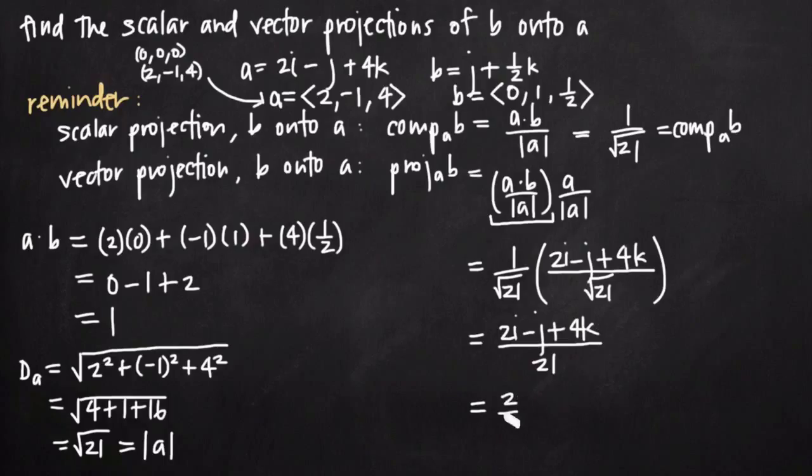So we're going to get 2 over 21 i minus 1 over 21 j plus 4 over 21 k, and that's going to be, of course, the projection of b onto a, the vector projection of b onto a. And this is the best way to write our final answer for the vector projection of b onto a. So that's how you find the scalar and vector projections of b onto a given the equations of two vectors.